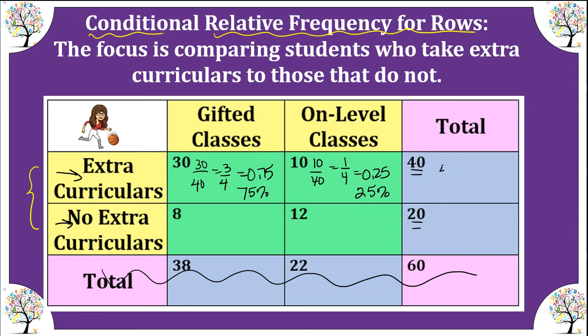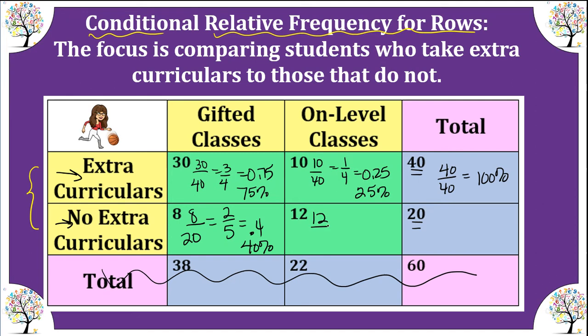And again, this will be our 100%. Now, those that don't take extracurricular, what percentage of those have gifted classes? So the percent of folks who have no extracurricular but do have gifted classes is 8 out of 20, which is 40%.